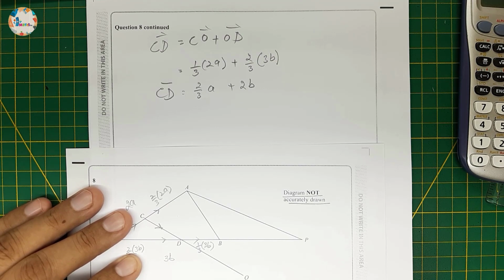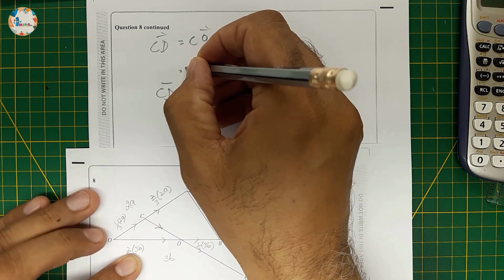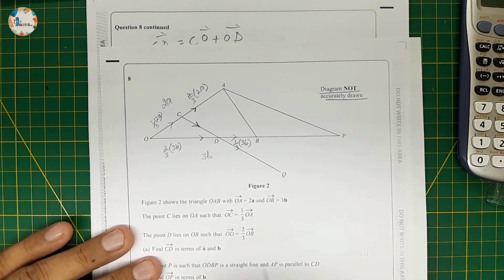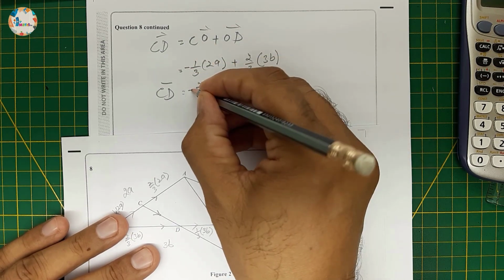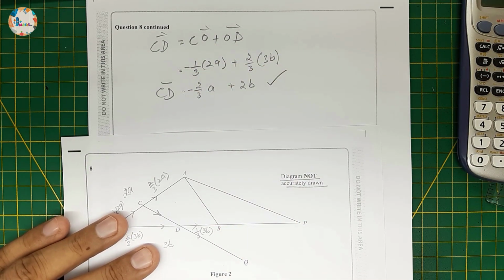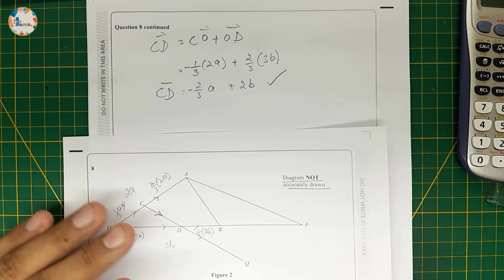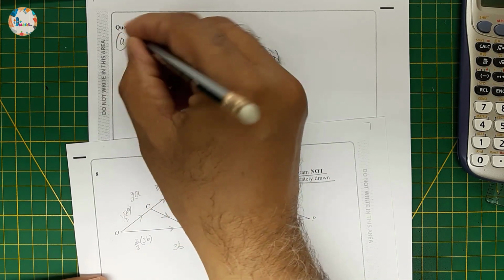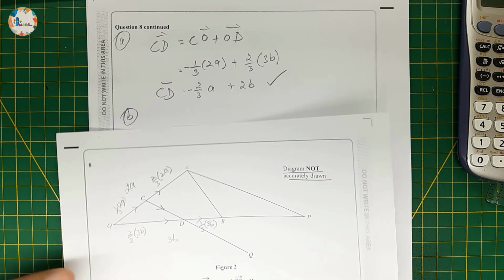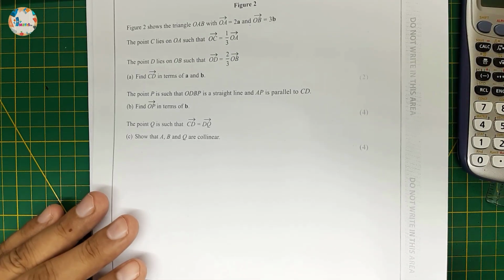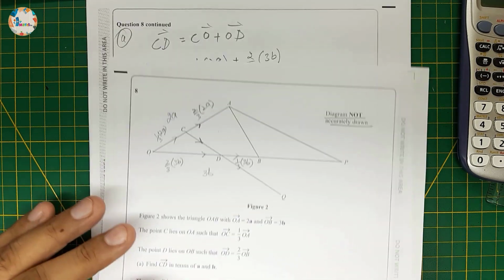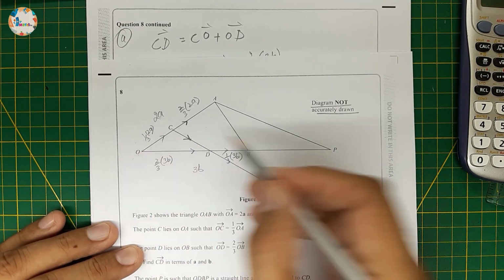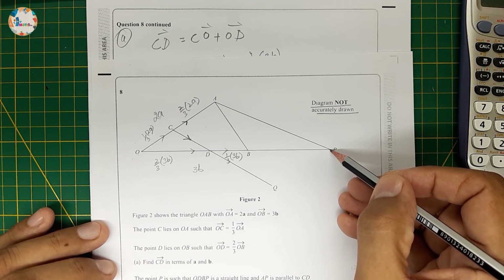Basically we are taking the minus direction, so CO will be minus this, and this is our CD value. Now this is our a part. The b part is saying find OP in terms of b. OP is this one.